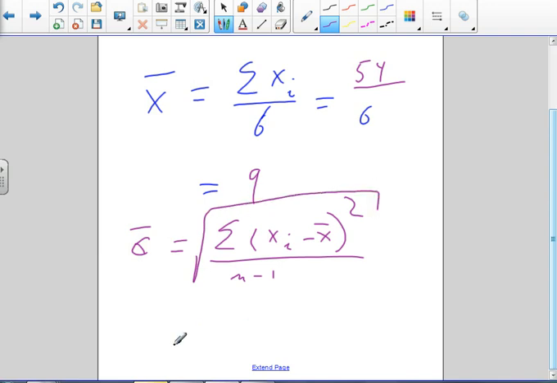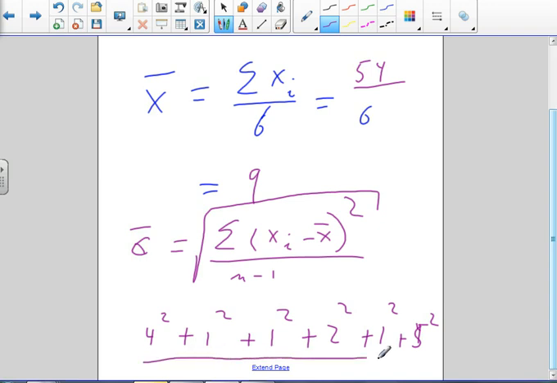So 5 minus 9 is 4, squared, plus 1 squared plus 1 squared plus 2 squared plus 1 squared plus 5 squared, divided by 5, and then the square root of the whole thing.